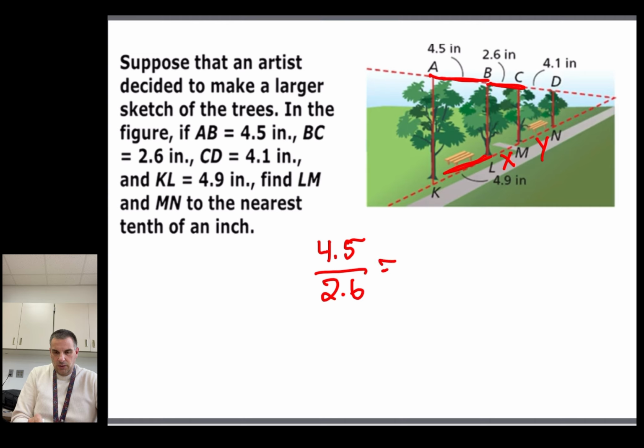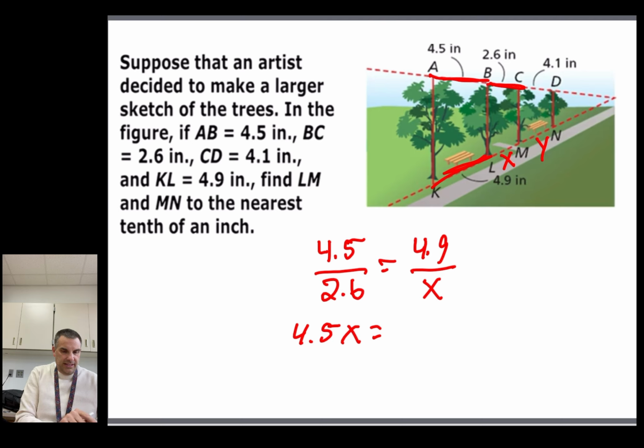That's going to equal 4.9 over x. Cross multiply, that's 4.5x equals 2.6 times 4.9, which is 12.74. Divide that by 4.5, and you get x is equal to 2.8.